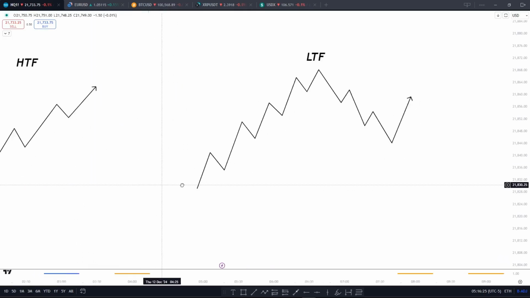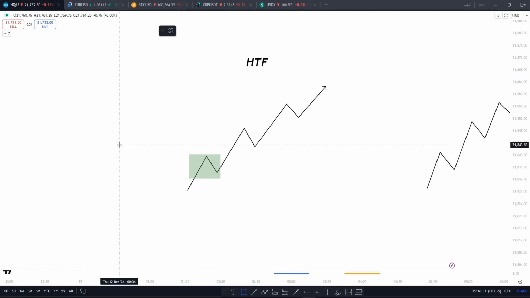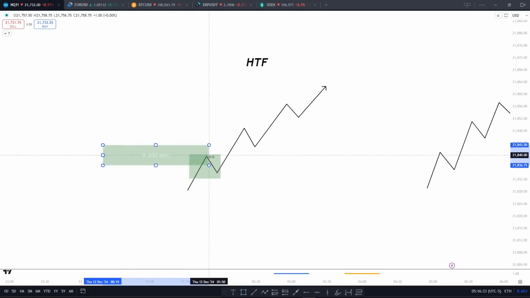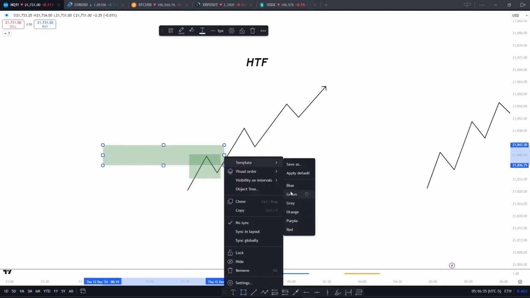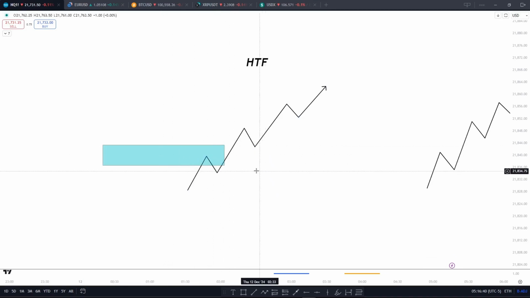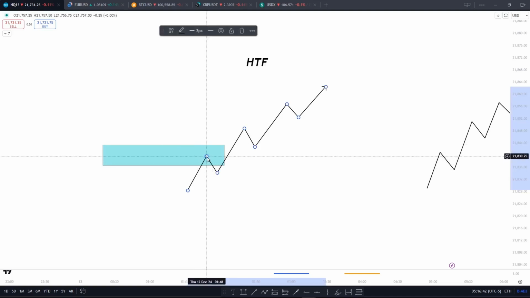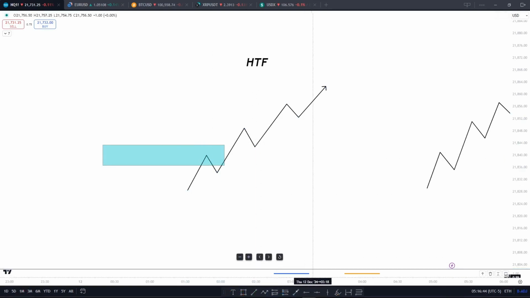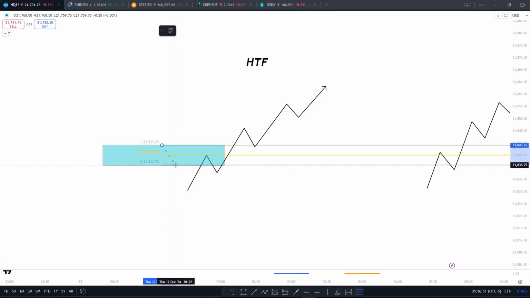So let's say on the higher time frame here, we've got a key level right here. This right here is our key level. Imagine that price trades into this, and we also trade into equilibrium of this PD array.